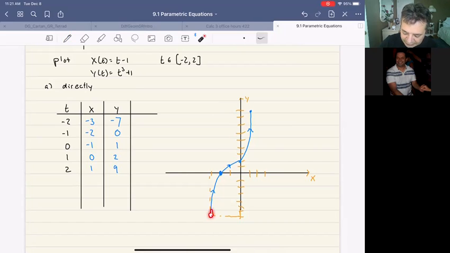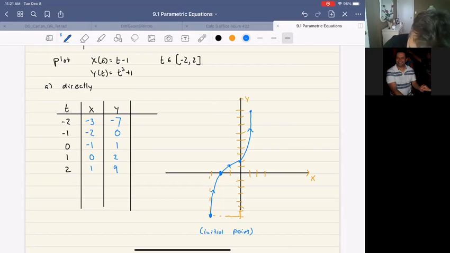So it starts here. This is the initial point, and it ends here. That's called the final point, or also the terminal point.